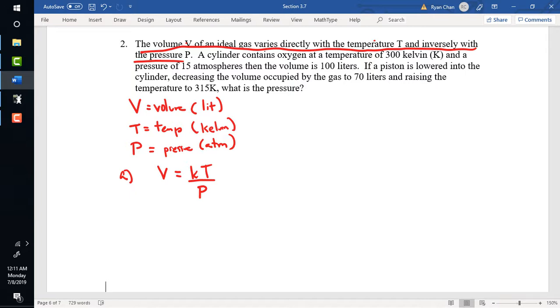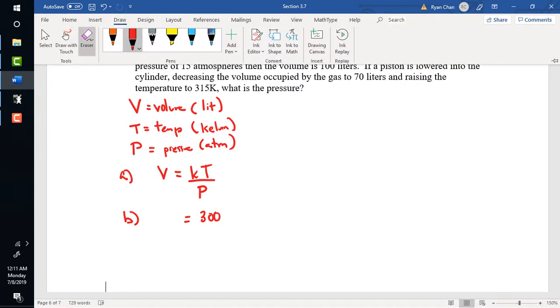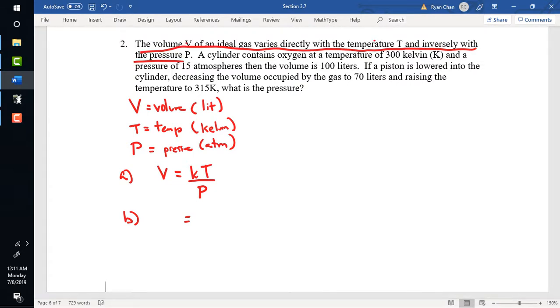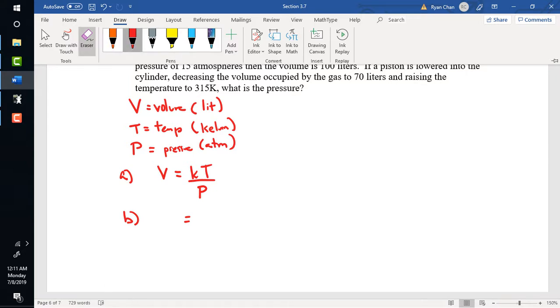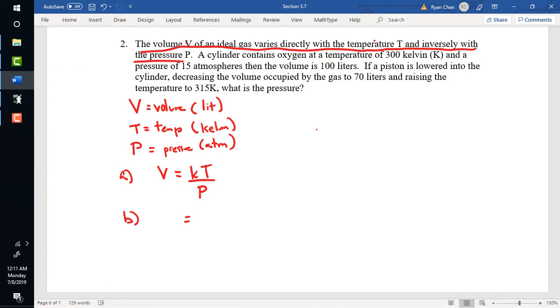So what we're going to do next, we're going to plug everything in. A cylinder contains oxygen at a temperature of 300 Kelvin. Oops, my bad. As you can see, easy to mess up if you're not careful. So it measures a temperature of 300 Kelvin, so the temperature is 300, pressure is 15, volume is 100.